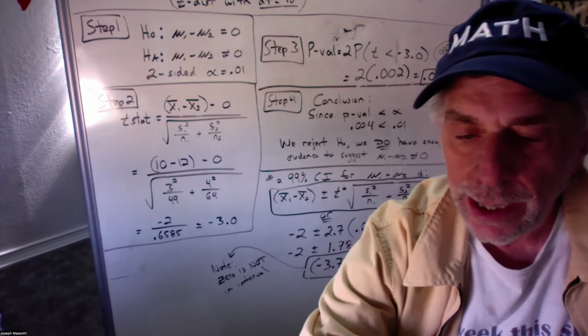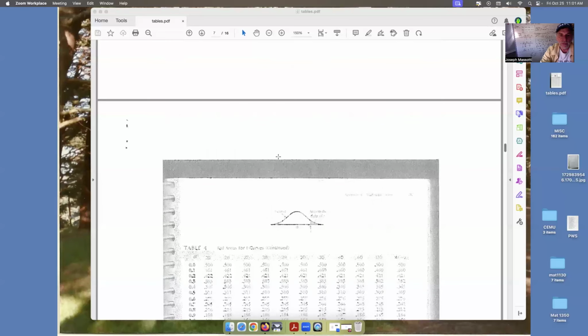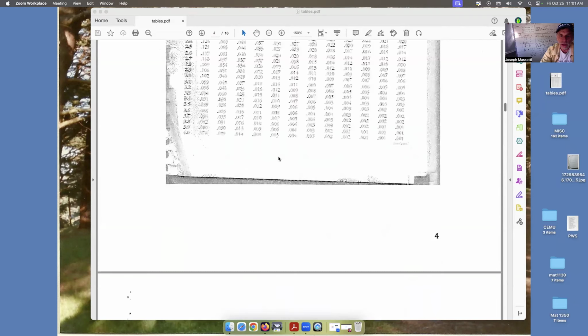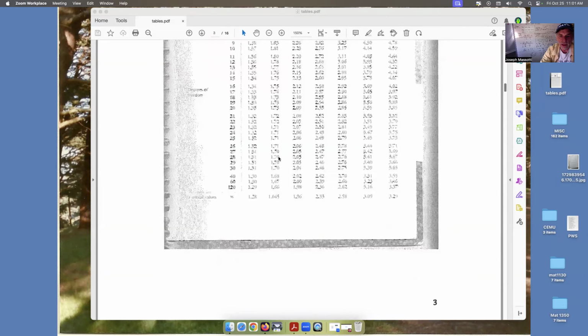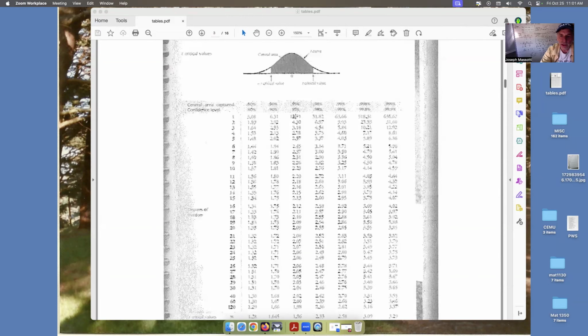So again, let's go look that up to make sure you know where you're looking here. For the T critical values, you go to this table here, T critical values. We want 99% confidence, 40 degrees of freedom.